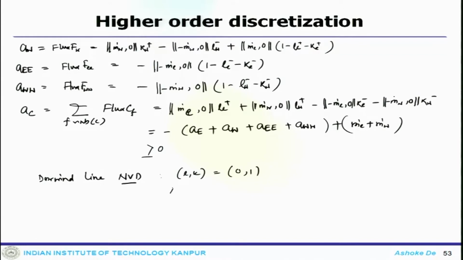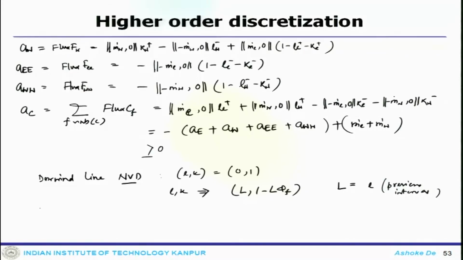So, in this case the L and K can be set to capital S, 1 minus L phi f, where L is usually set to the value of L from the previous interval of the scheme.